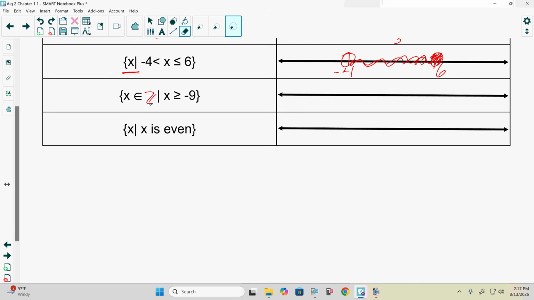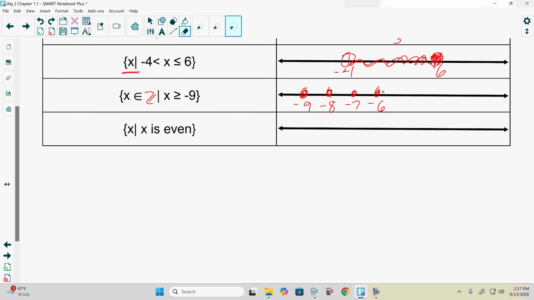Graphically, that's not as nice to graph because our integers are positive and negative counting numbers, which means we would have -9, -8, -7. We would just have all the points. We don't have anything in between. Especially with graphing, or if we're taking a graph to set builder notation, we're talking about the real numbers.